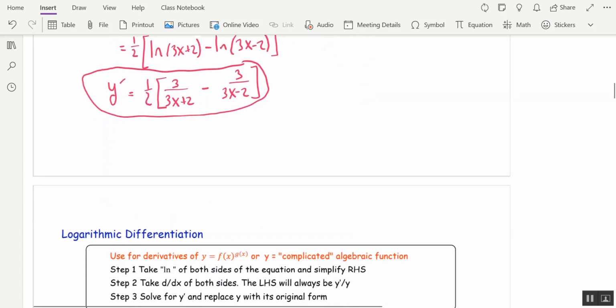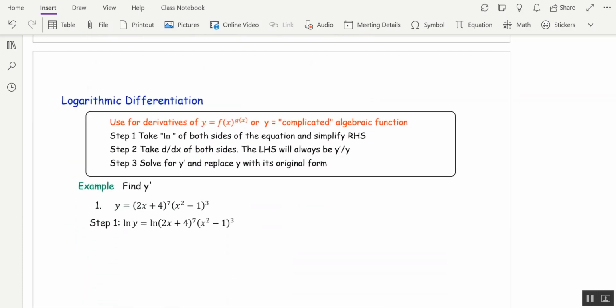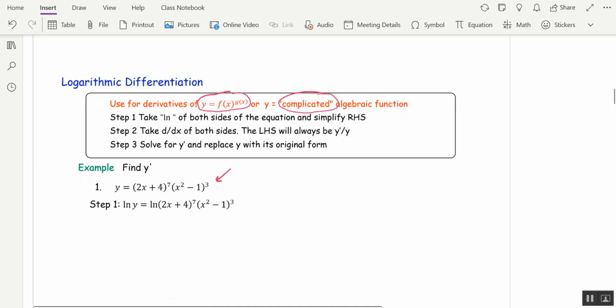Okay, and that brings us to logarithmic differentiation, which is a way to find the derivative of either f of x to the g of x, or y equals a complicated algebraic function. And so that's my example here, a complicated algebraic function. We could take the derivative using product and chain rules, but this is just another way to do it. So the first step is to take natural log of both sides, and I did that. And part of the first step is also to simplify.